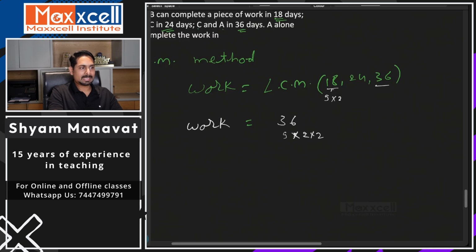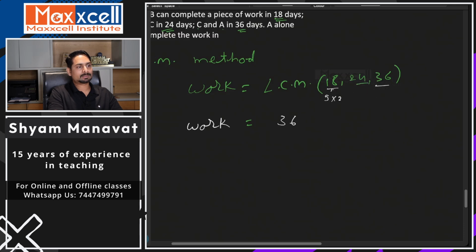So 9 twos is already part of this 36. So leave 18, that's not required because that is already part of 36.